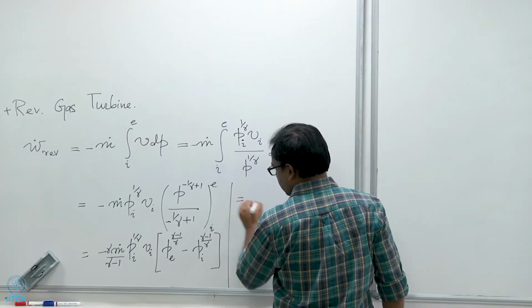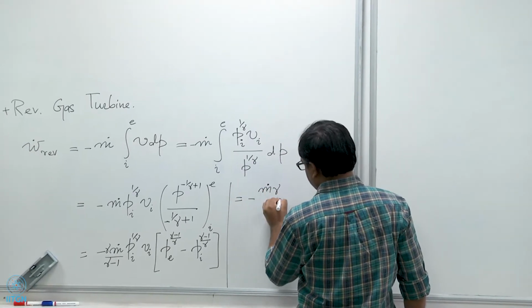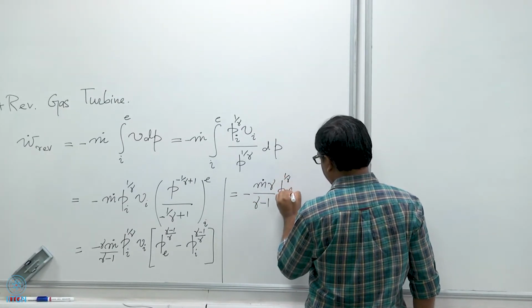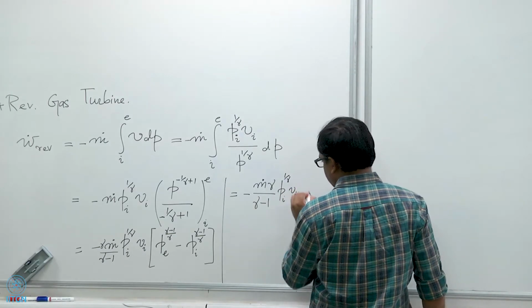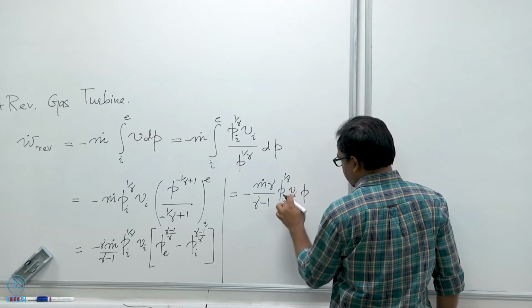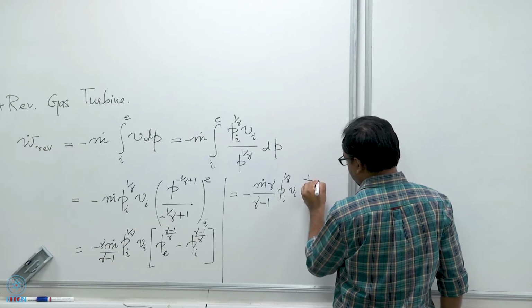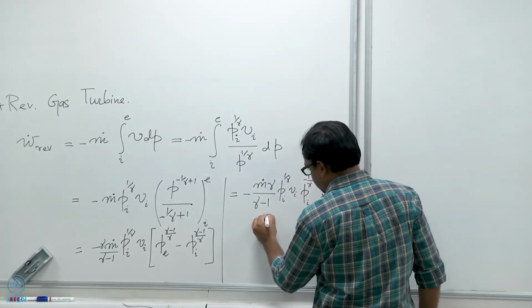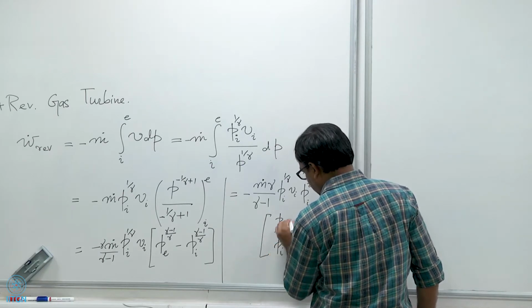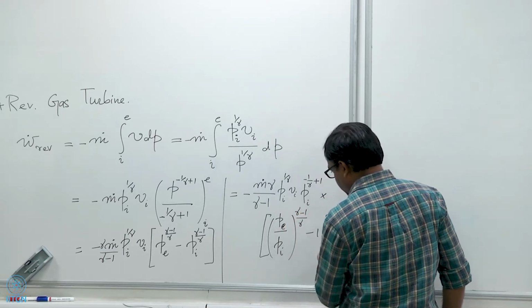So, we can write minus m dot gamma by gamma minus 1 times PI to the power 1 upon gamma VI, pulling this entire thing out. Then we have to multiply this with minus PI to the power minus 1 by gamma plus 1 times PE by PI to the power gamma minus 1 by gamma minus 1.